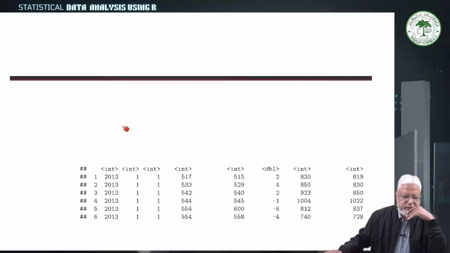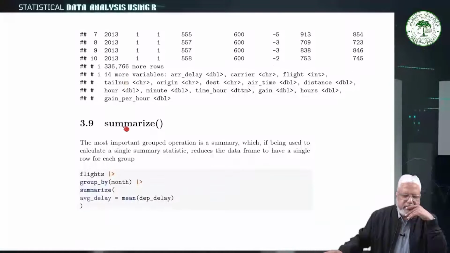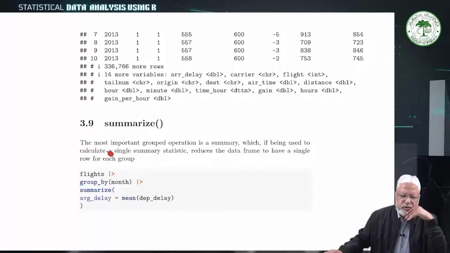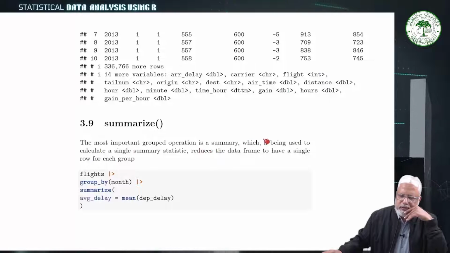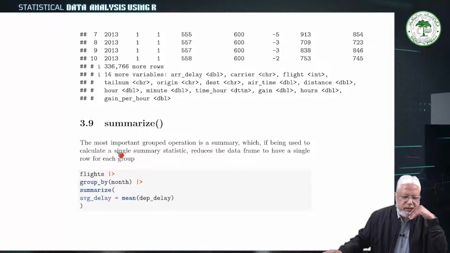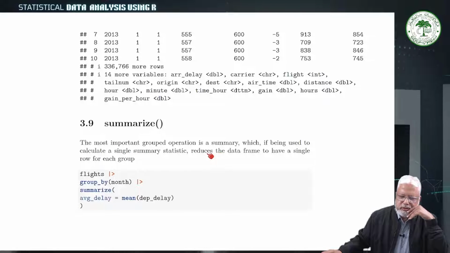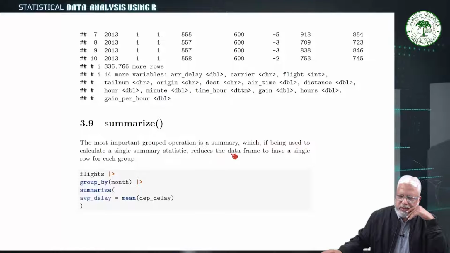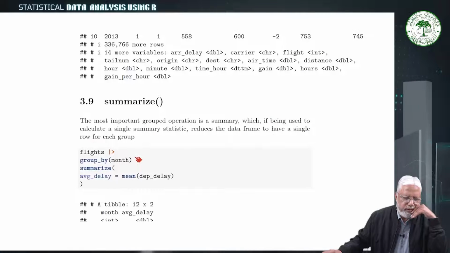And then summarize. The most important grouped operation is a summary, which, if being used to calculate a single summary statistic, reduces the data frame to have a single row for each group.